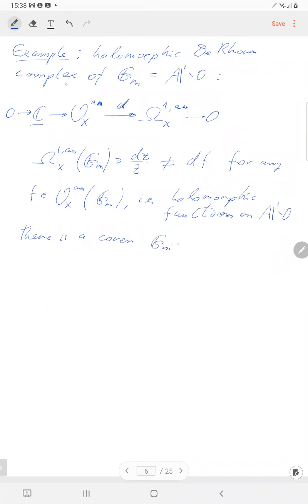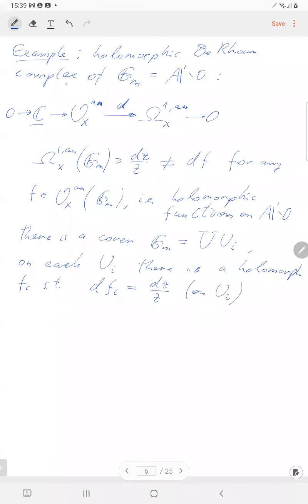That this punctured line is some union of open subsets, and on each open subset there is a function fi such that the differential of fi is exactly this dz over z, but on Ui, not globally, only locally.